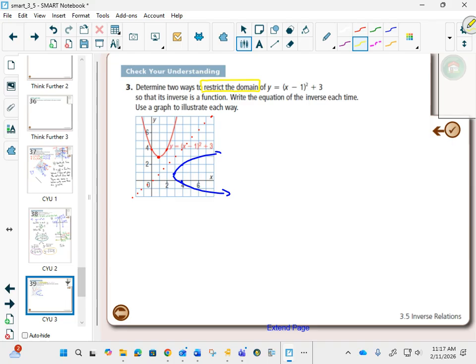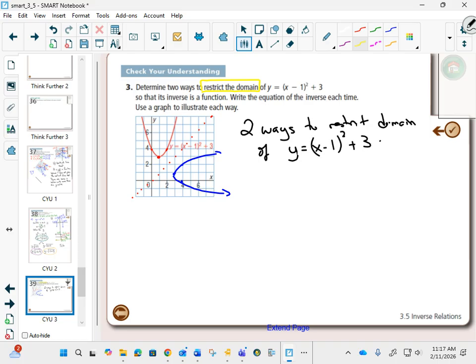First of all, I'll put a title here, 2 ways to restrict domain of, and we're restricting the domain of the original equation. We could take the left half. If you took the left half, we agree that you could take everything x less than or equal to 1.